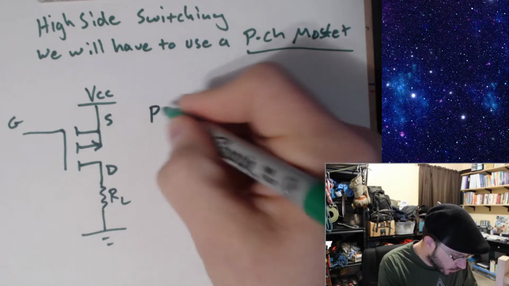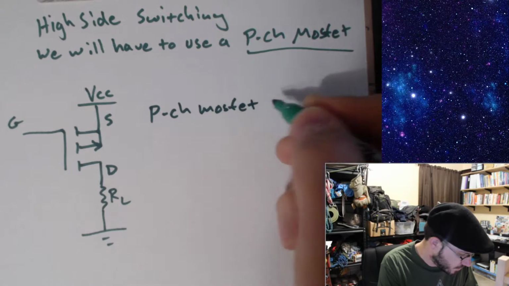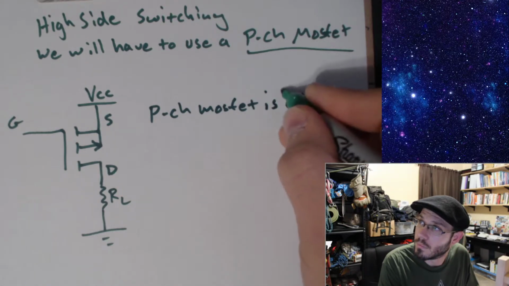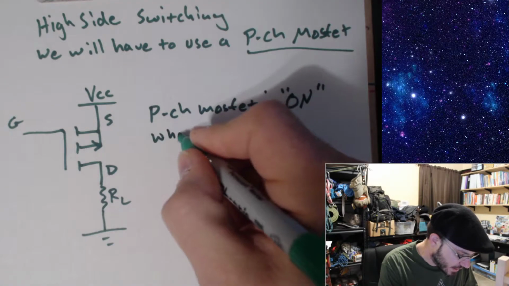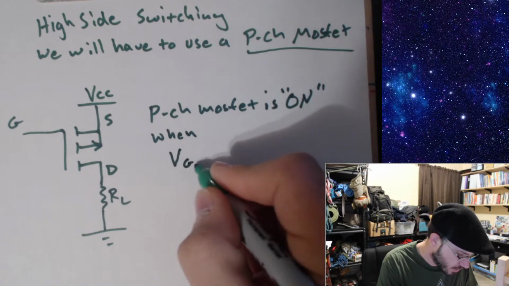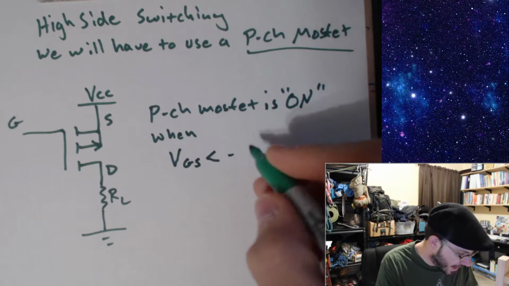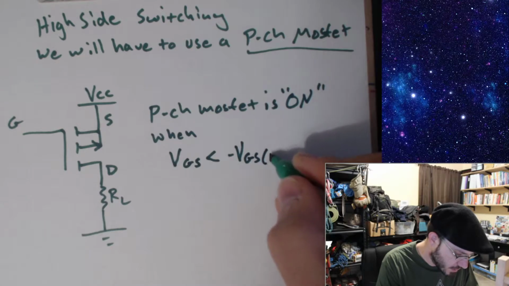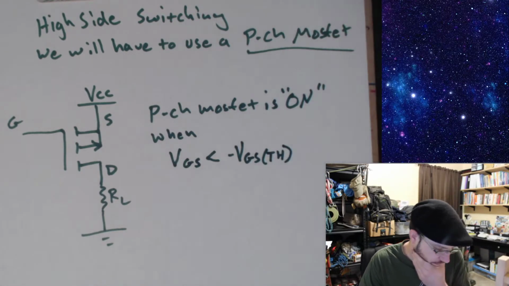And now for a P-channel MOSFET, it is on when VGS is less than minus the gate source threshold voltage.